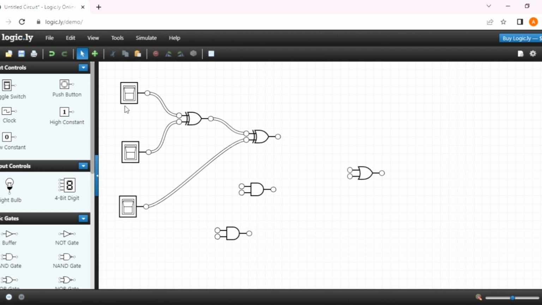For the first AND gate, the first 2 inputs should be given to it. For the second AND gate, the output of the first XOR gate should be one input, and the third input should be given as the other input.